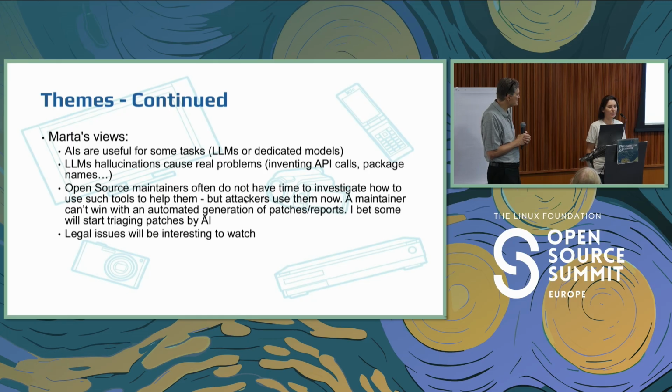And what I can say is that there is an imbalance in the power between people who use AI with automation and can generate hundreds of thousands of commits or reports, or analyze hundreds of packages, and maintainers who do not have time to configure those tools and are left handling them manually. That's a real problem that we'll need to solve, because people analyzing automated things manually are not going to win. That's very clear.